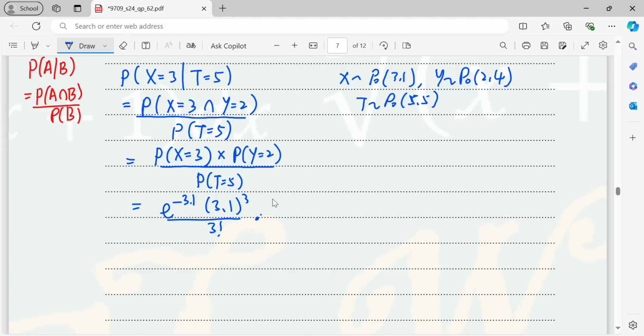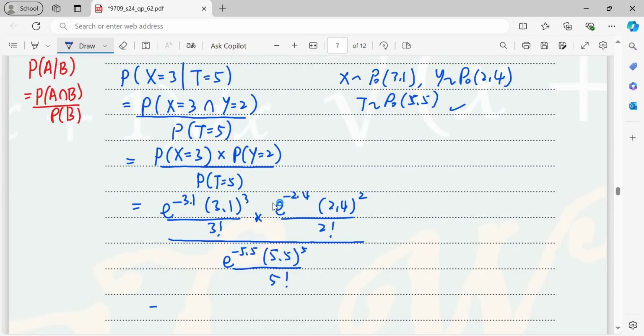Then you multiply by e to the negative 2.4 because it's y, then 2.4 to the degree 2 over 2 factorial. Over P(T equals 5). Use this formula. It will be e to the negative 5.5, then 5.5 to the degree 5, because T equals 5, over 5 factorial.